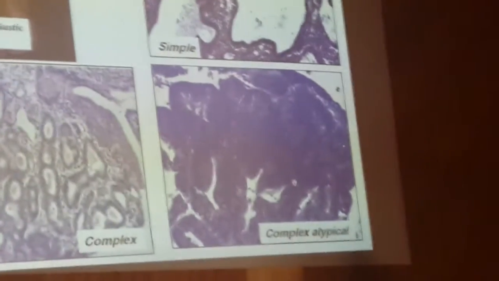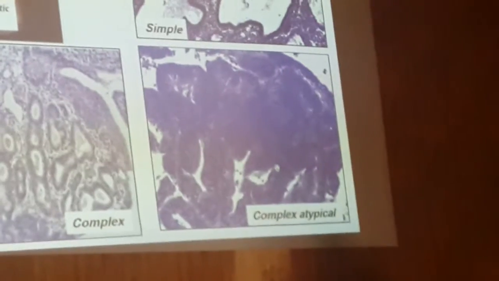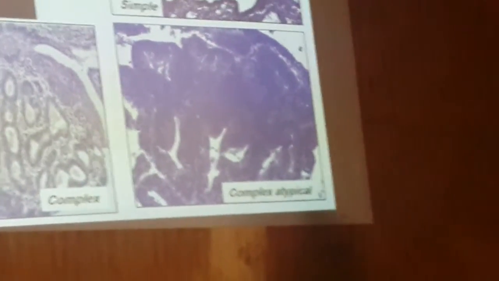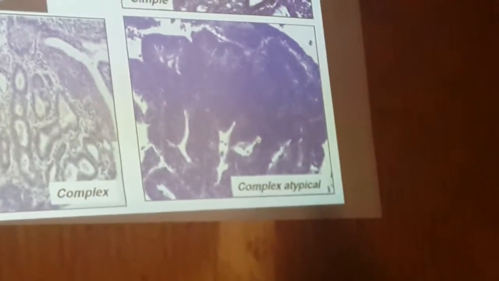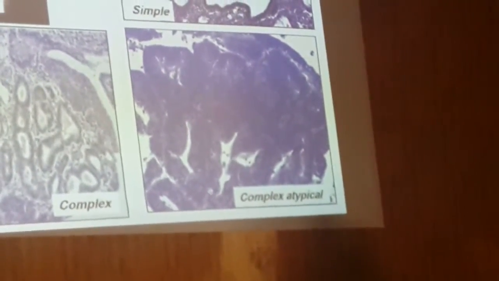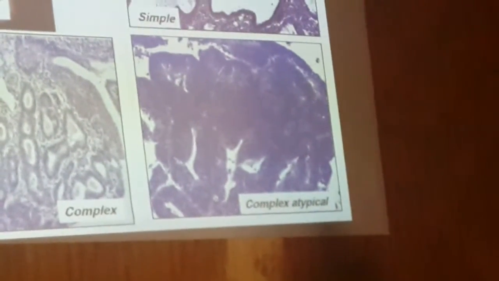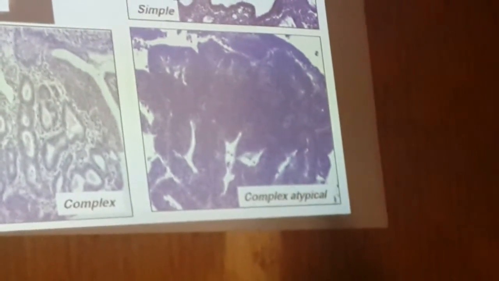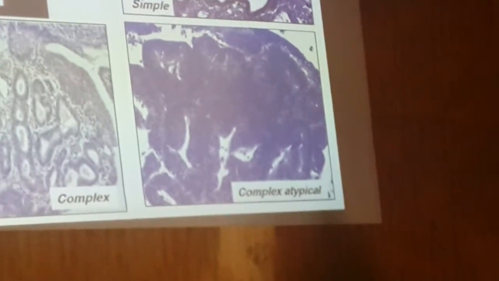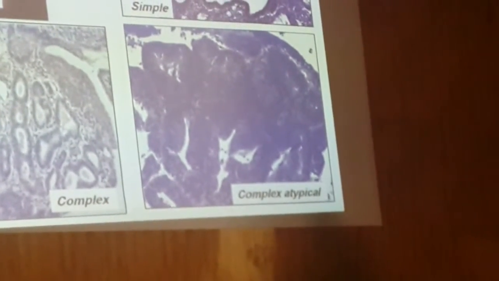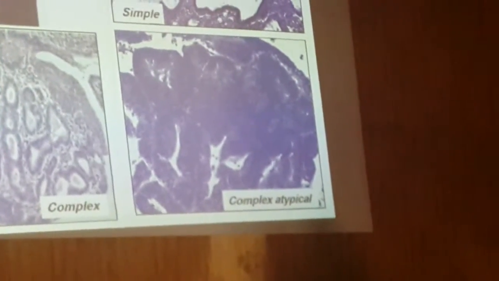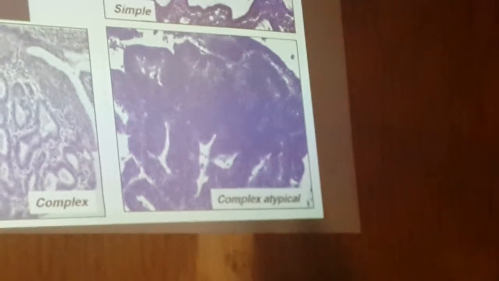But in this slide, this is a complex hyperplasia with atypical features. It is much more dangerous than the complex, isn't it? This is complex and typical. This is complex and atypical. What does the word atypical mean now? What are the atypical features? Pleomorphism, loss of polarity like cancers. So these are the atypical features without the invasion.